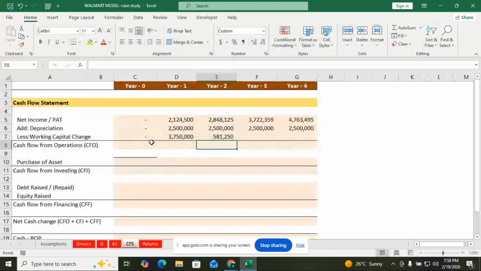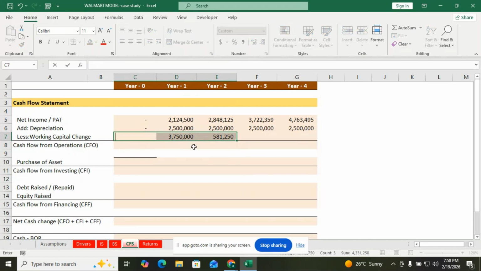Is that clear? I'll repeat again. Please look at your working capital changes. Your current year is subtracted from the previous year's balance.